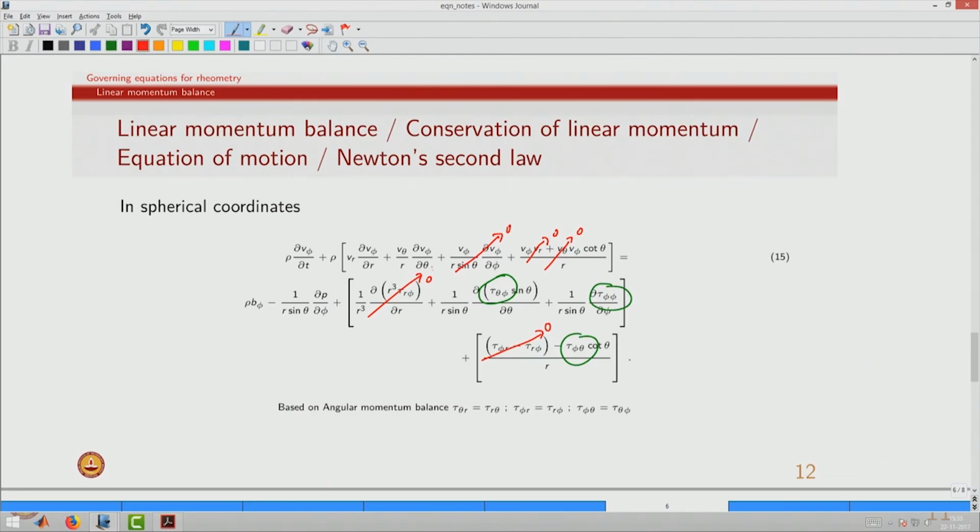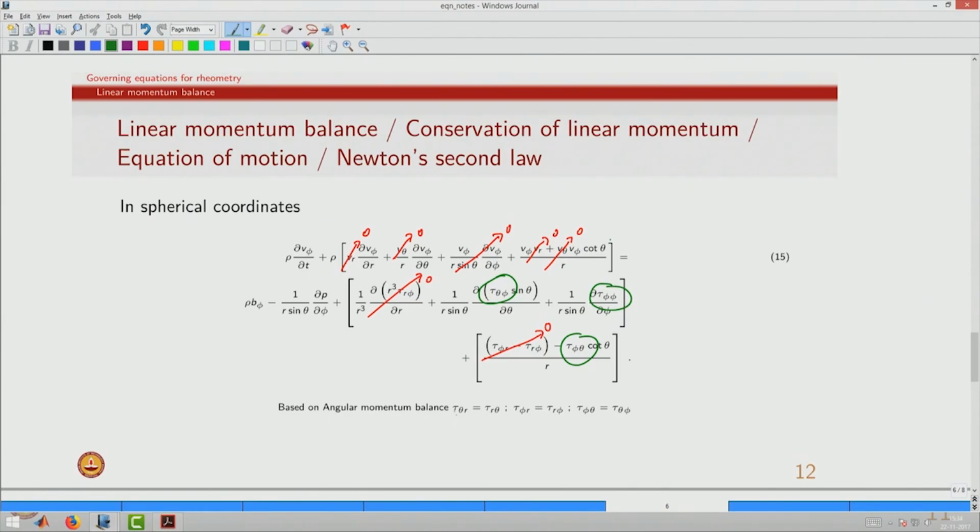This term again will go to 0 because V theta itself is 0 and V r also is 0. Therefore, V phi is also 0, so there are no inertial terms on the left hand side. So, we only have rho dou V phi by dou t, and then terms related to theta phi, and of course, terms related to phi phi.